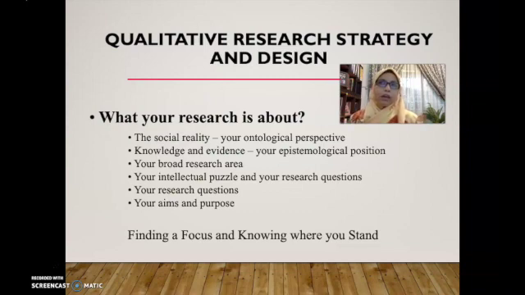So whenever you think of choosing a certain appropriate strategy and design, you yourself should know your ontological perspective, your epistemological position, what is your research area, and the intellectual puzzle in your research question, of course, your research question as well as the aim and the scope of your research. Only after that, you can choose whatever research strategy or design involving qualitative research.